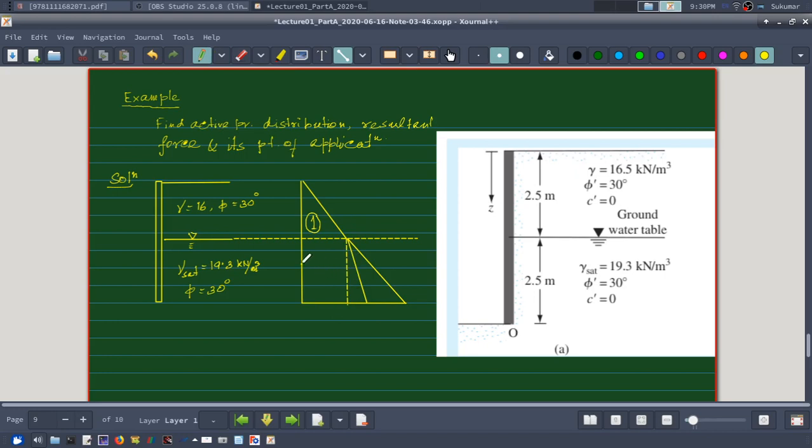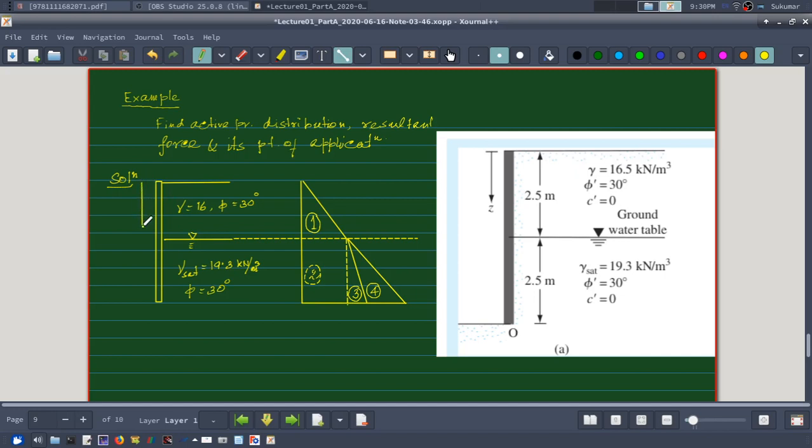Say this is my area number 2. I'm sorry, I should change the line type. Then this is area number 3 and this is area number 4. And these heights are given to us.